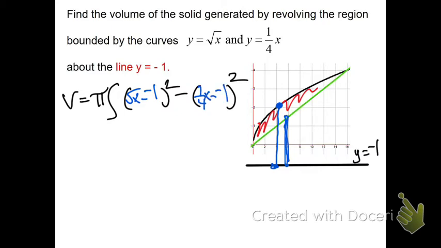Now again, if you're just setting this up, you could leave it like that. I just want to remind you that to find a length, it's always top curve minus bottom curve, and you're just subtracting those, okay? Then we're going to integrate still from 0 to 16. That's the setup. You can practice putting it into your calculator if you want to. I'm just going to worry about the setup to try to speed this up. Okay, let's do a different one.